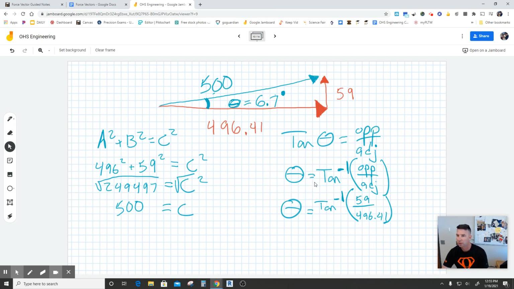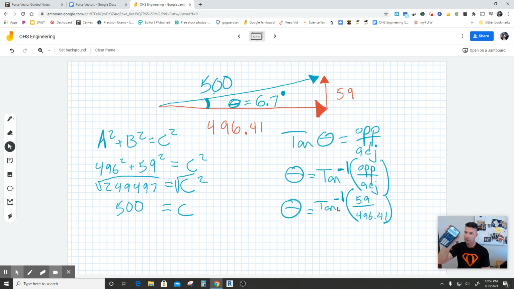And then what we're left with is called inverse tangent. The way you write that is tan with a little -1. And then the rest of our equation is the same. So theta equals inverse tangent of opposite over adjacent. And notice that's in parentheses. That's how you're going to do it in your calculator.